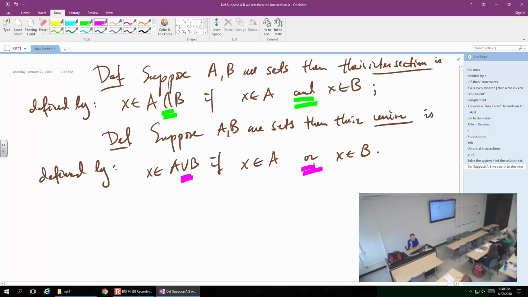So either one or the other. Whenever you feel confused, those illustrations certainly are helpful. That's typically how you illustrate things in set theory, with those circles or ellipses, and how they intersect, how the union looks, and that's what we're going to do for a little while.